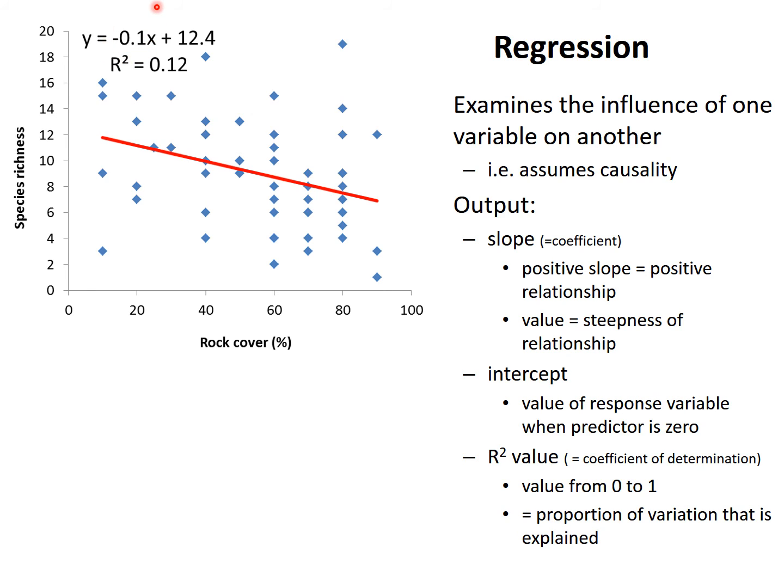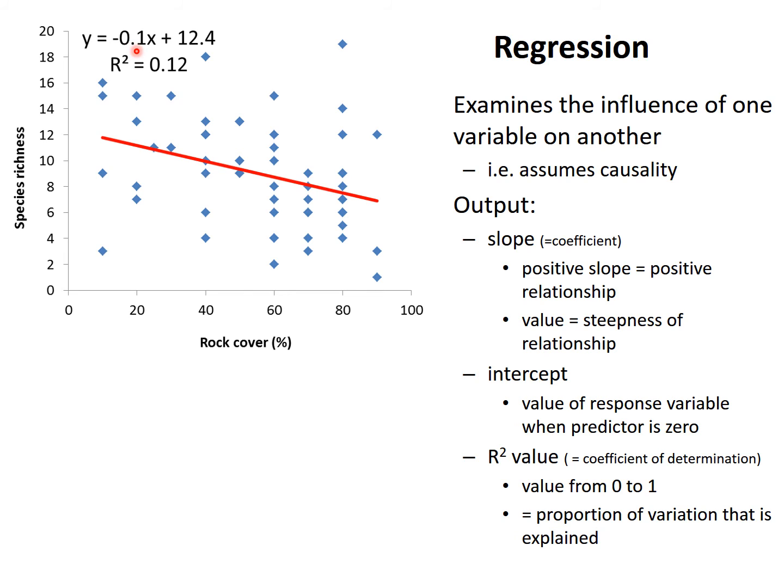And the magnitude of that number represents the steepness of the relationship. So here, for every 1% rock cover increase, there's a minus 0.1 change in species richness on average. If that value was minus 1, then it would mean for every 1% increase in rock cover, we'd lose 1 species.